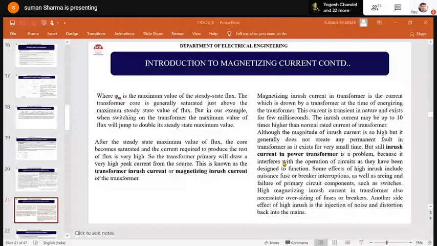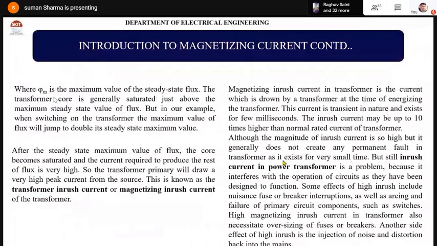Yes, ma'am. So phi m is the maximum value of the steady state flux. Transformer core is generally saturated just above the maximum steady state value of flux.